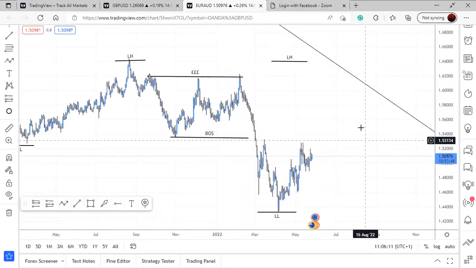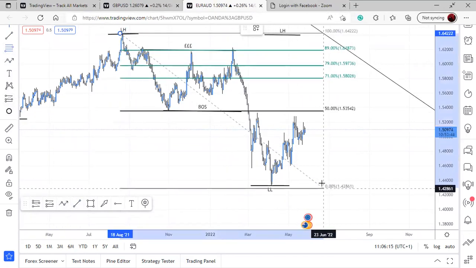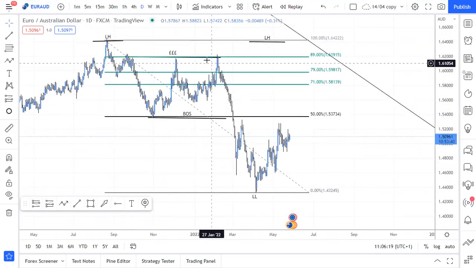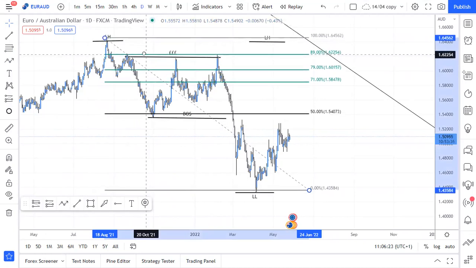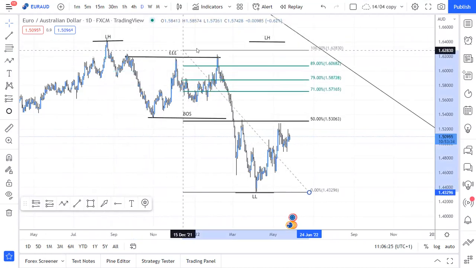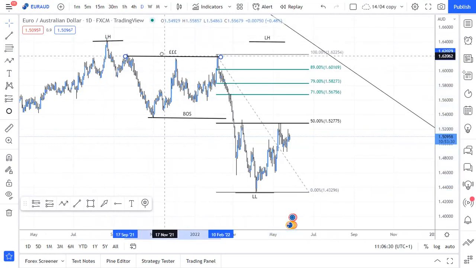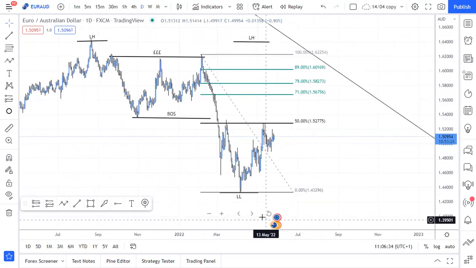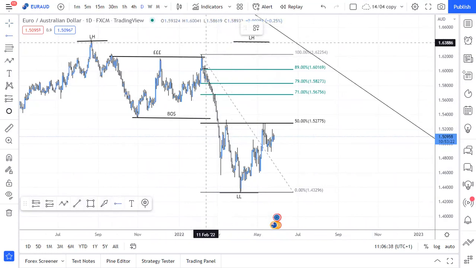So what have we got here? We can pull out our fib from here to here. We can see that we've tested this one on the 89% already. We have left some liquidity there, so it will be interesting to see if we pop back up there. So let's mark out this level here.